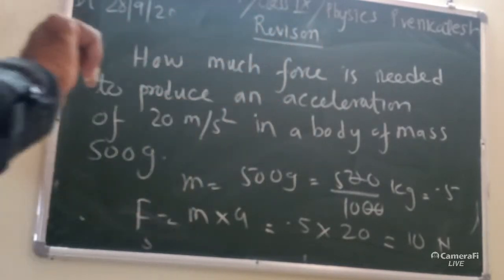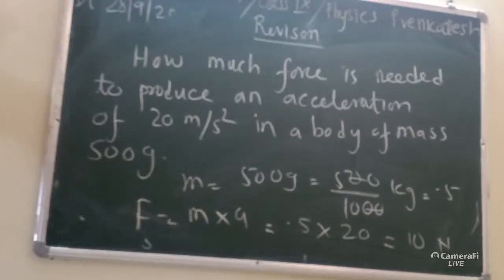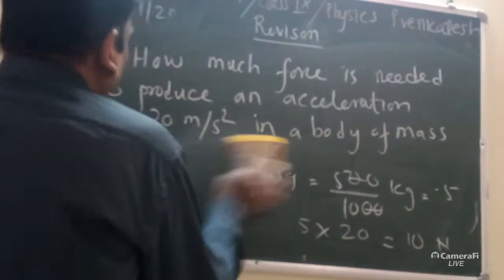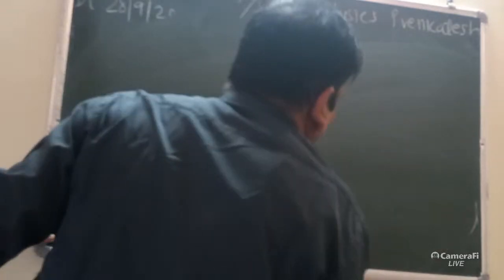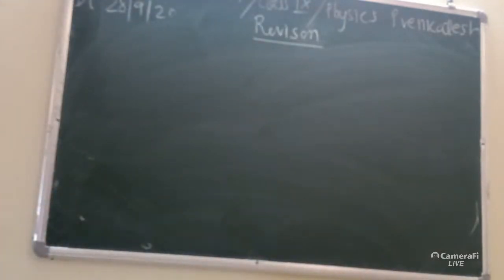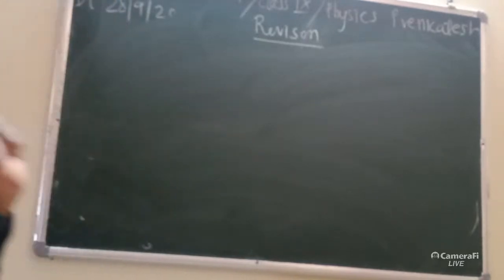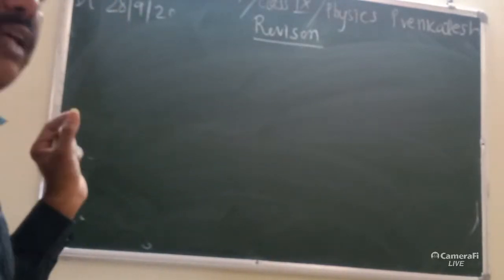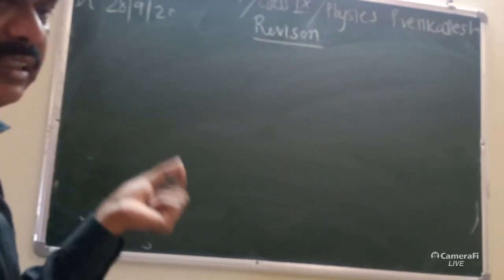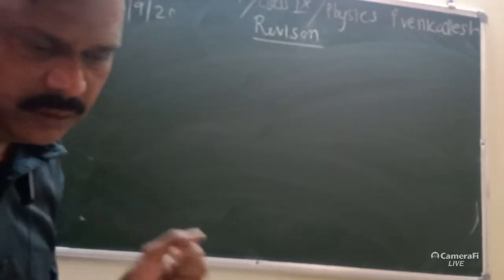Today I will be sending four-choice questions. If four choices are given and you are doing the numericals, do them in the rough paper and put a tick mark. Don't take the help of any parents or any brother or sister. Do it yourself, because this is a test for you only.